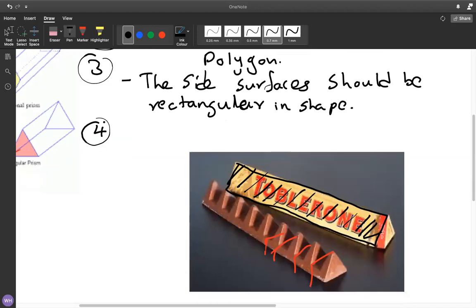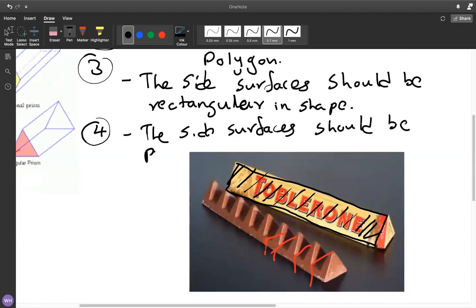The fourth one is the side surfaces should be perpendicular to the cross sections.